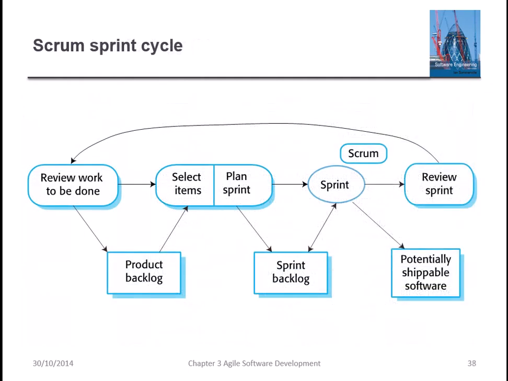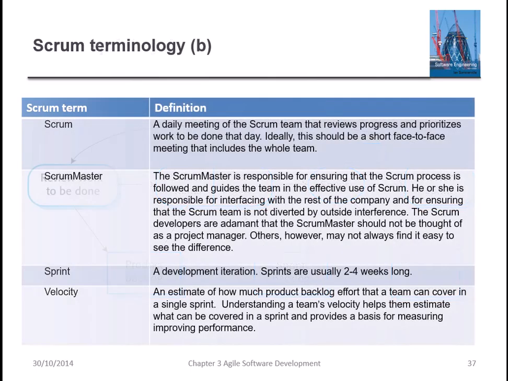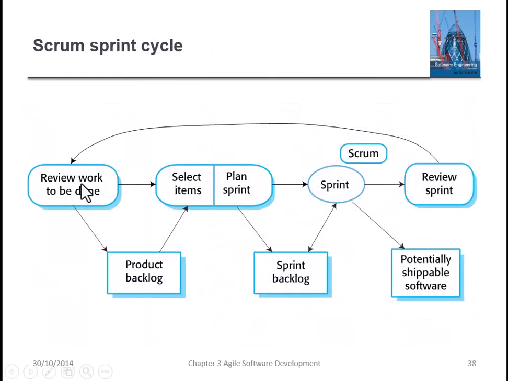Now this is the Scrum sprint cycle. Scrum is the development team and sprint is the development iteration. It will start from the rework, because this is the manifesto of Agile or the Scrum framework: change is welcome and you must do the rework. After the rework is finalized and it is decided which work should be done, you select items from the product backlog.